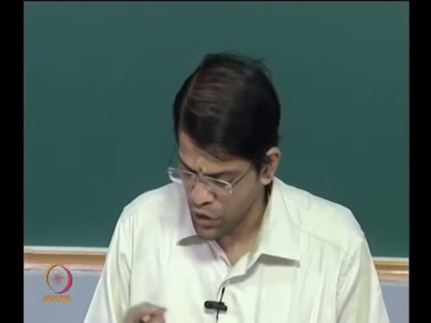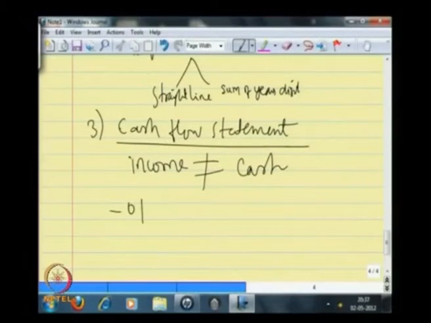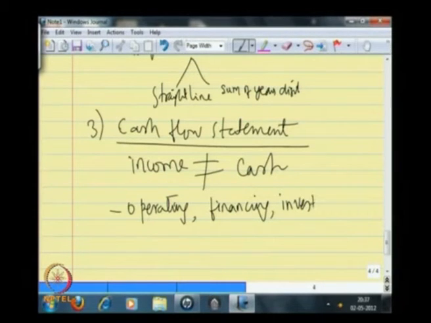And these activities we found are predominantly categorized into 3 types, namely the operating activity, financing activity, and investing activity.